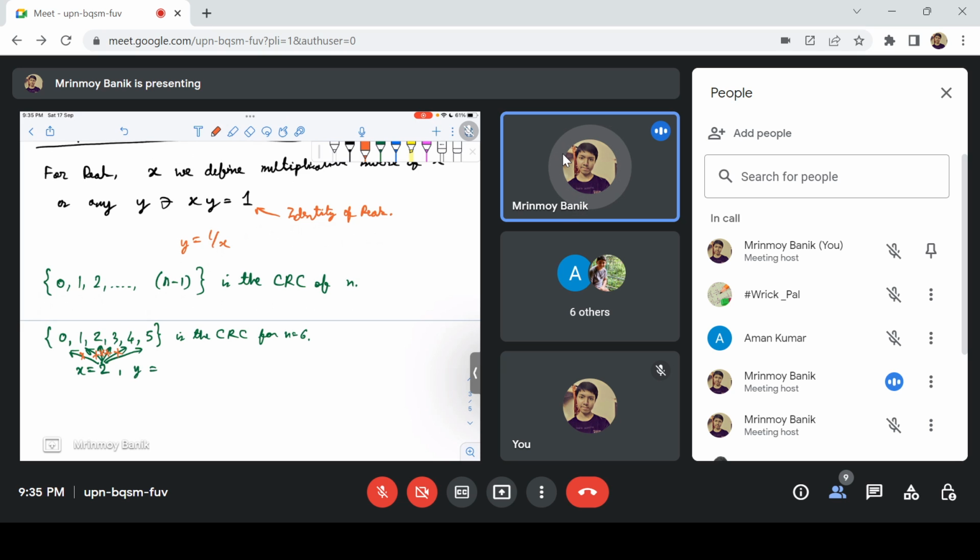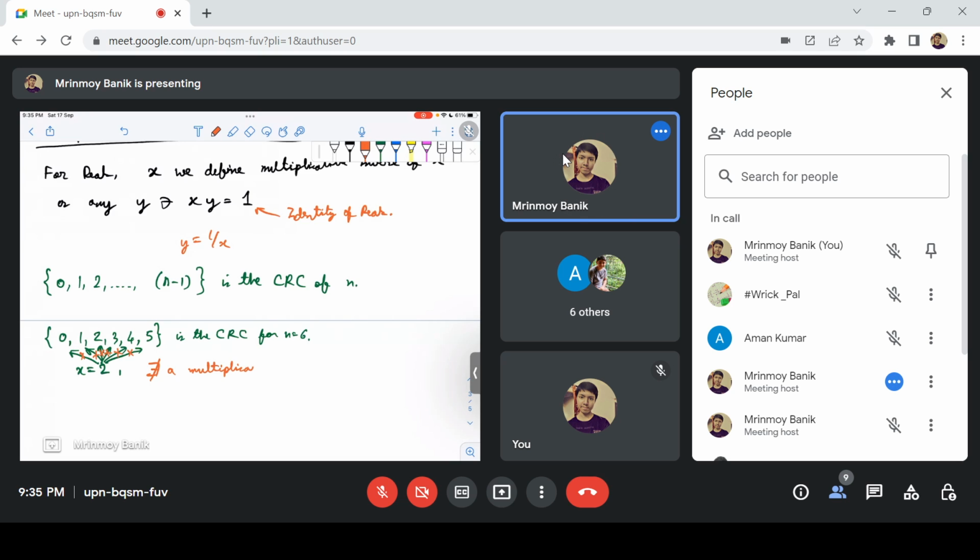And 2 times 5 is 10, right? So that's again 4 mod 6. So as it appears, 2 doesn't have a multiplicative inverse mod 6. So that means y doesn't exist here.